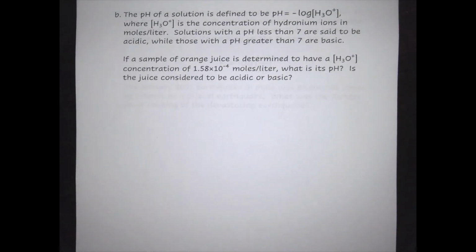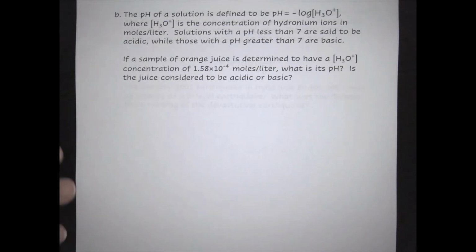Solutions with a pH of less than 7 are said to be acidic, whereas those with a pH of greater than 7 are basic. If a sample of orange juice is determined to have a concentration of 1.58 times 10 to the negative 4 moles per liter, what is the pH? And then the secondary question, is it considered to be acidic or basic?